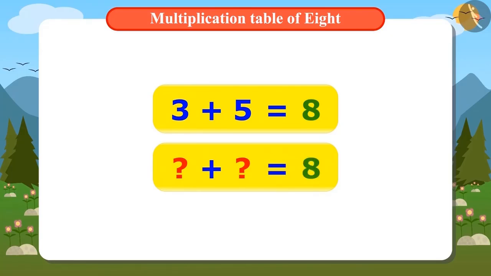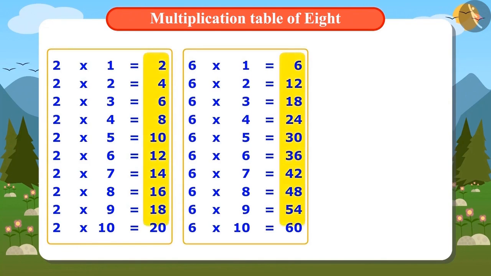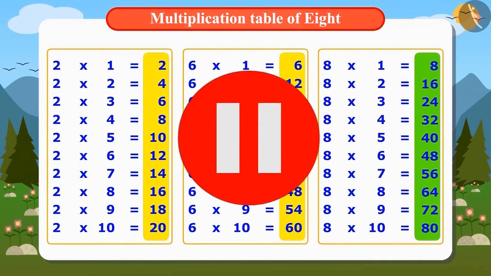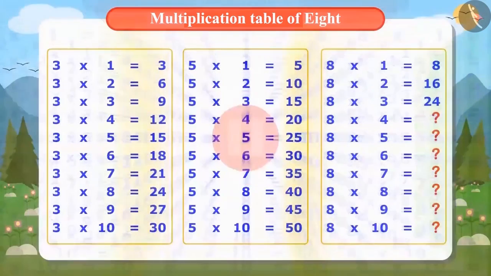See, for example, adding 3 and 5, the answer is 8. We can do this by adding 2 and 6 also, which will give us the answer 8. This means that you can find the table of 8 by adding the numbers of multiplication tables of 2 and 6. Pause the video and write down the full table of 8.